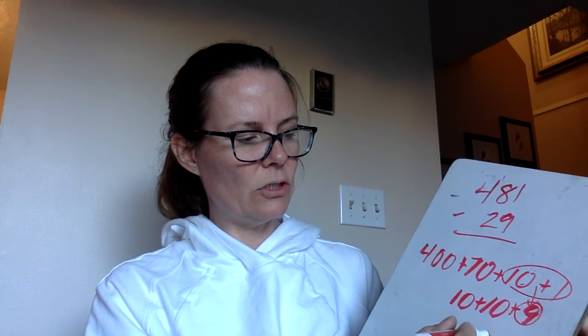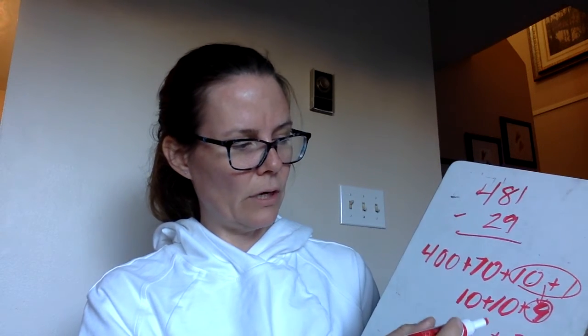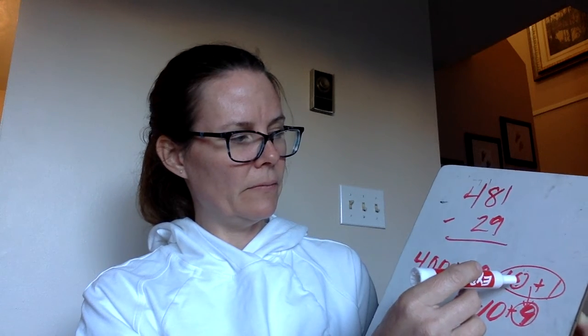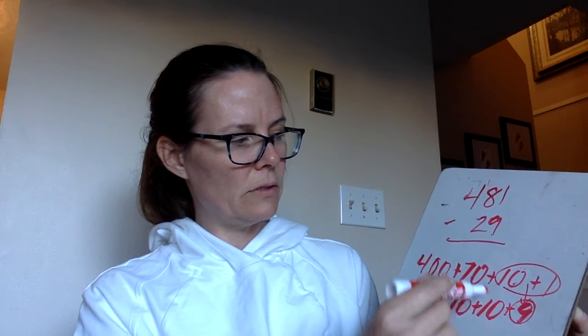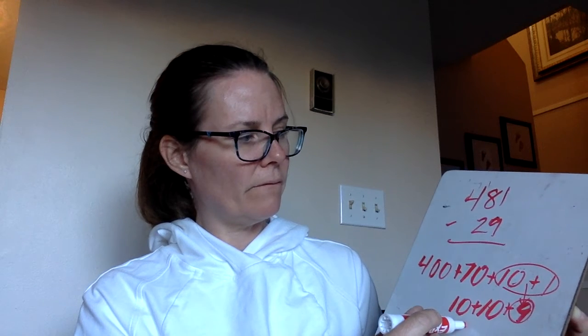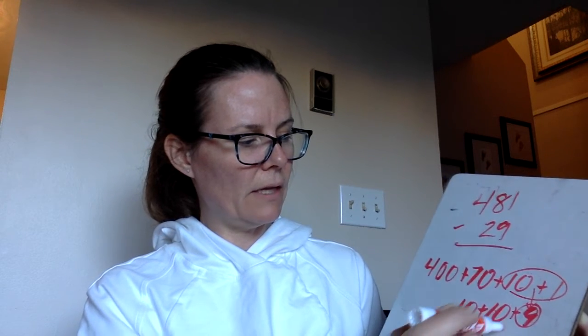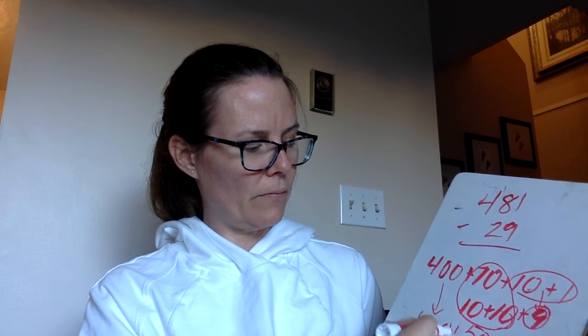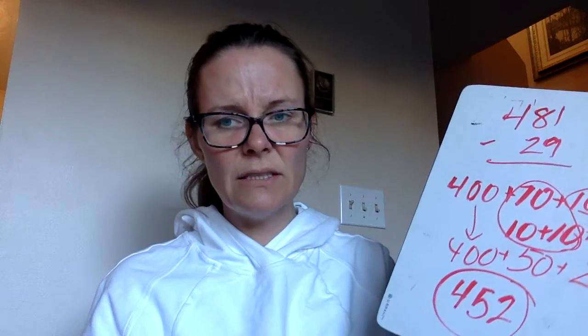I know that's 2, right? And then I go 70 take away 20 is 50. I've got 50 left here, and then I've got 400 here. So it is still 452 is the answer.